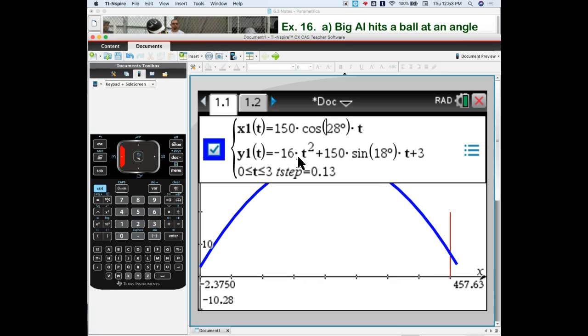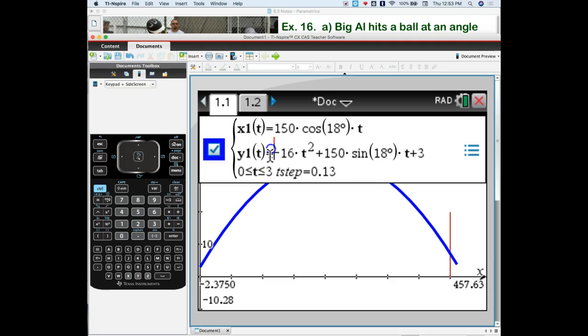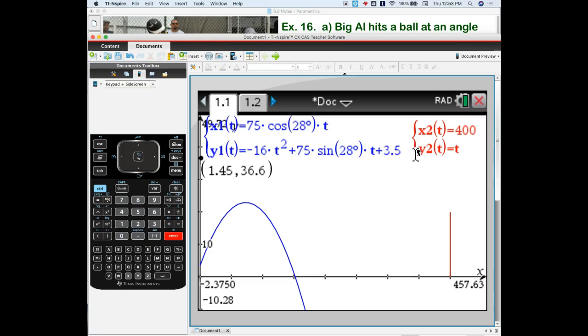This gets switched to 28. This gets switched to 75. That gets switched to 75. This gets switched to 28. This gets switched to 3.5. Oops, I forgot to hit enter. That's not going to help. 75, 28, 75, 28, 3.5, enter.